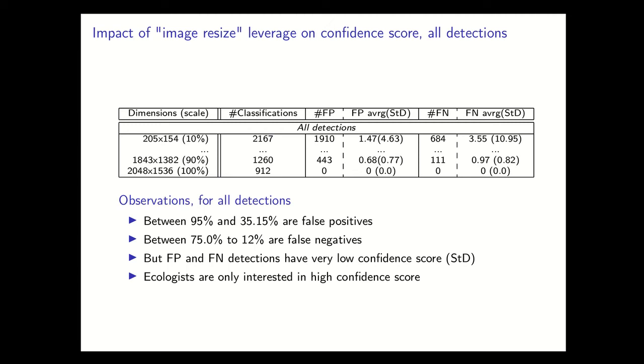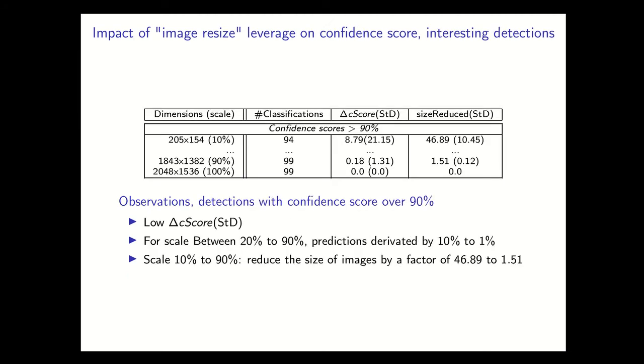So that is why we also focus here on the detections that have a confidence score higher than 90%. Here the number of classifications drops from 2000 previously to 94 for the 10% scale, compared to the 100% images.